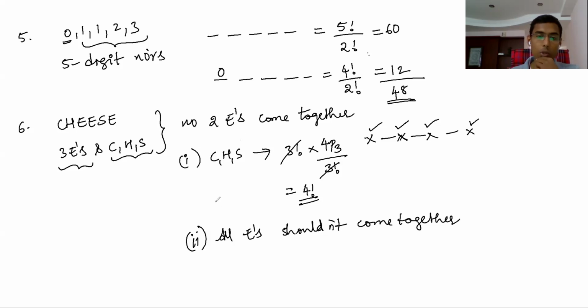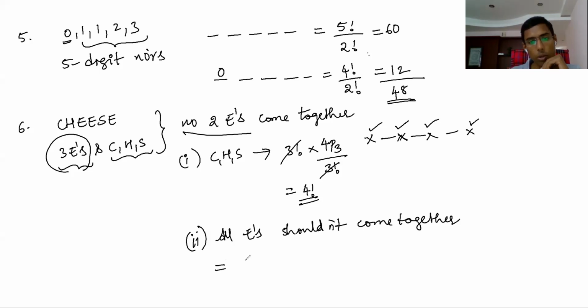All E's means how many E's are there? 3 E's should not come together. This means 2 E's can come together. Here, with no two E's together, 3 E's also will not come together anyway. But here, all the E's should not come together.